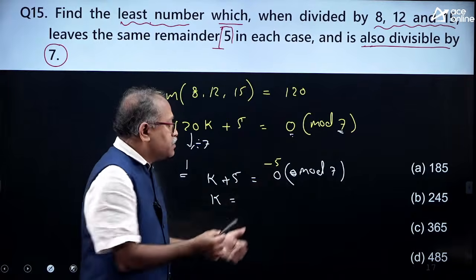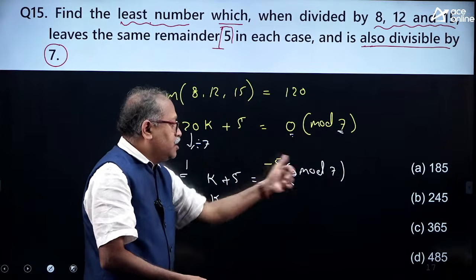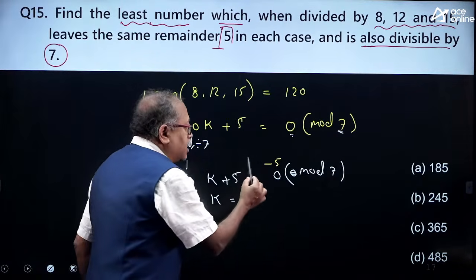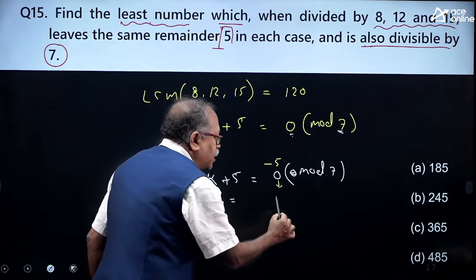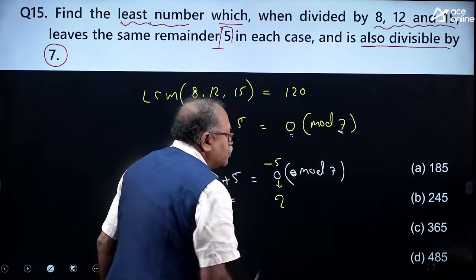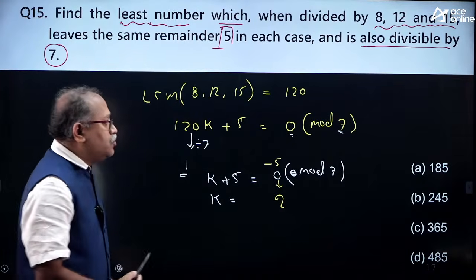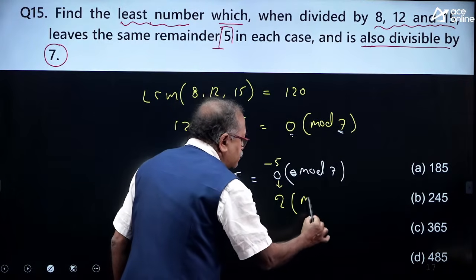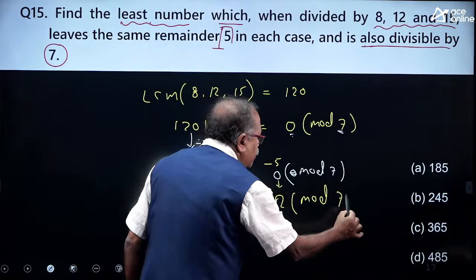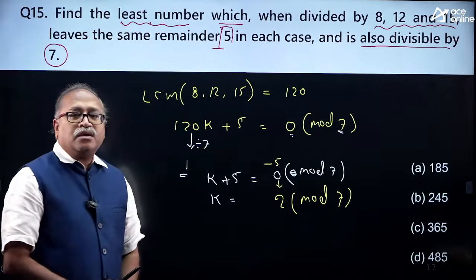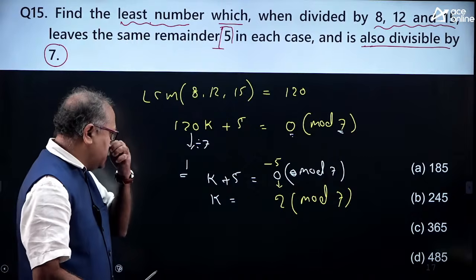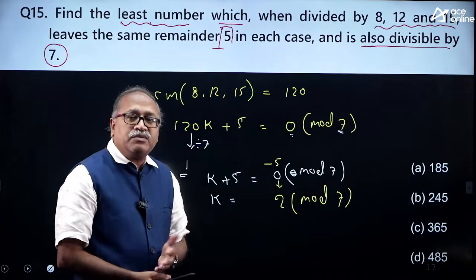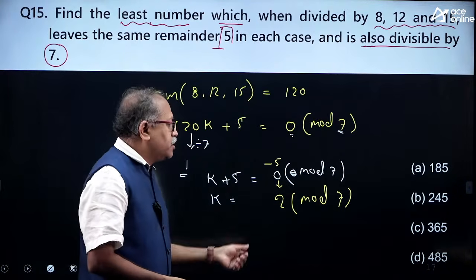So, convert this minus 5. 7 minus 5 is how much? That comes 2. So, here I will write that k is 2 mod 7. If you already know this, then absolutely no problem, you can answer the question in a very easy way. If you are seeing it for the first time, it's okay, you are learning here.